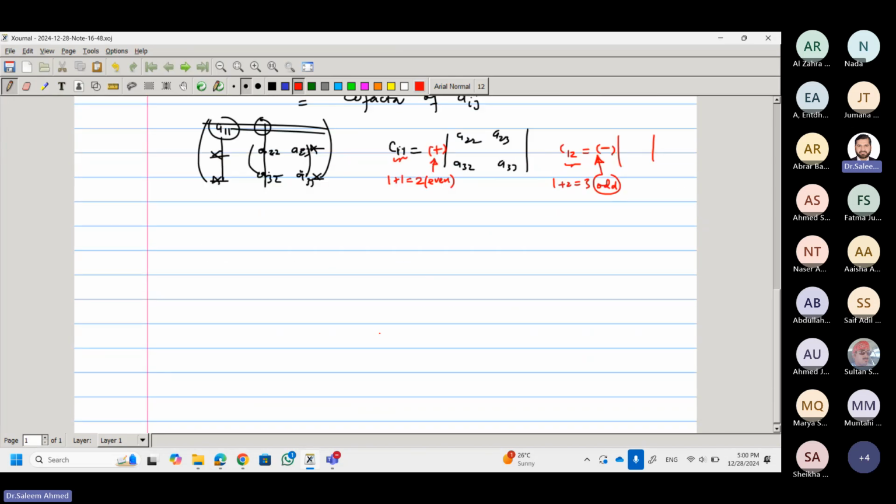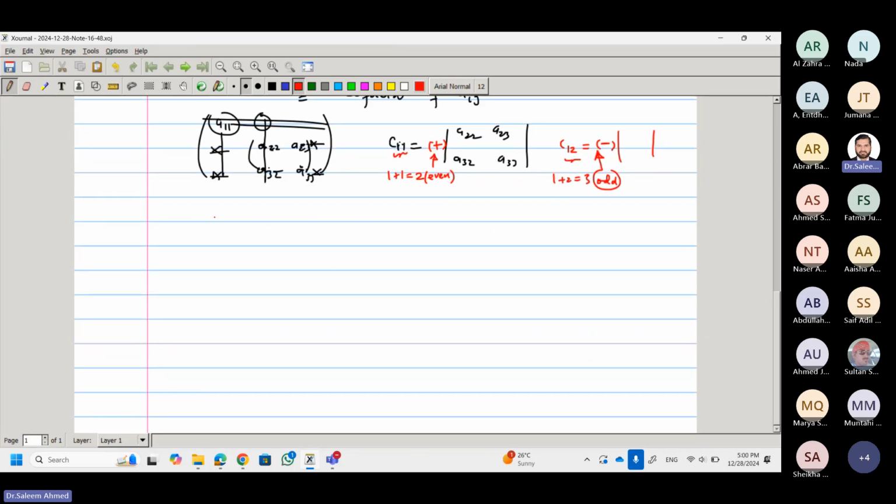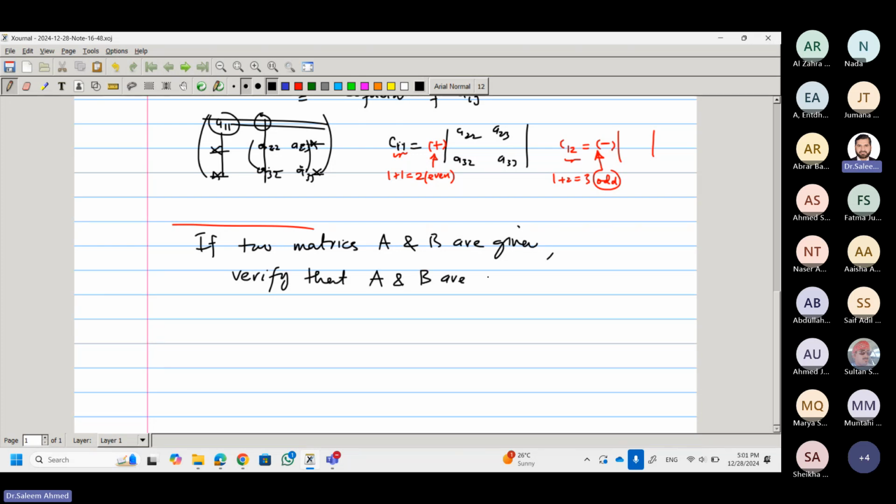But on the other hand, if two matrices A and B are given, right? And you have to verify that A and B are inverses of each other or not. Then you will not find the inverse. Don't find the inverse. Just use this one.